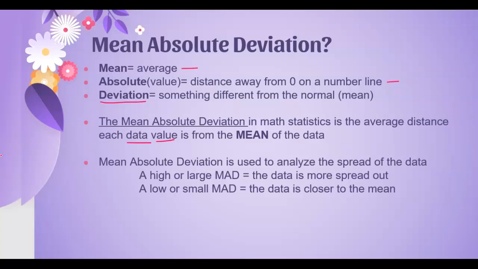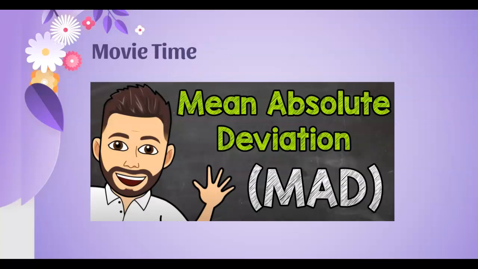If you have a low or small mean absolute deviation number, then that means the data is closer together and you'll be able to be more confident that your conclusions and your predictions will actually happen. Now there's a video you can watch in the classroom, so go ahead and watch that video and come back here and we'll talk about how to find the mean absolute deviation.